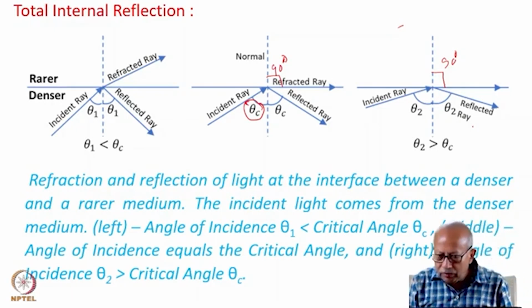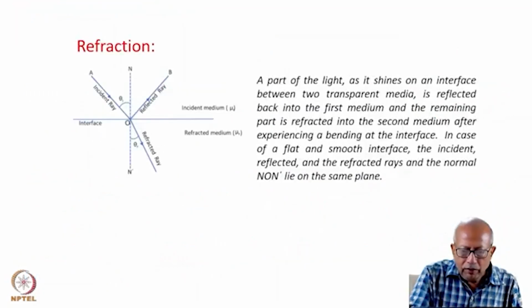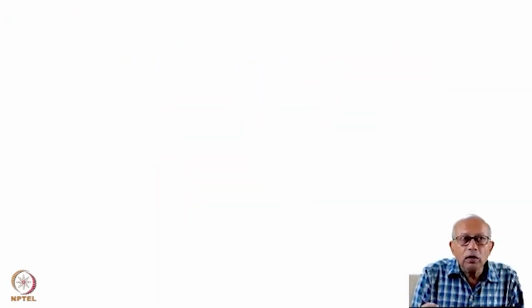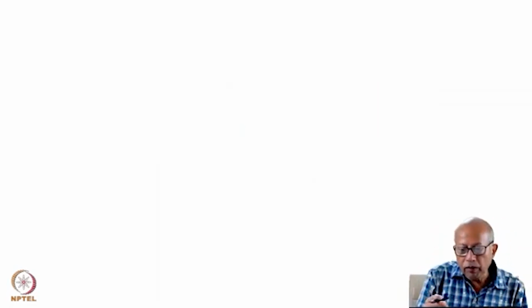How do you do that? Well, I will very qualitatively explain. So how does light travel through an optical fiber? By exploiting the property of total internal reflection.